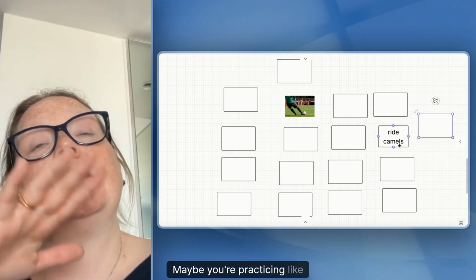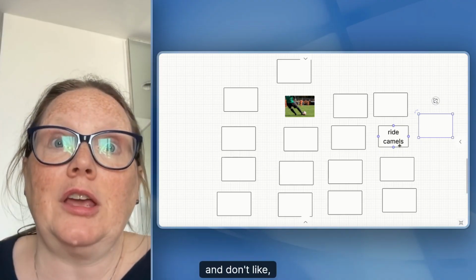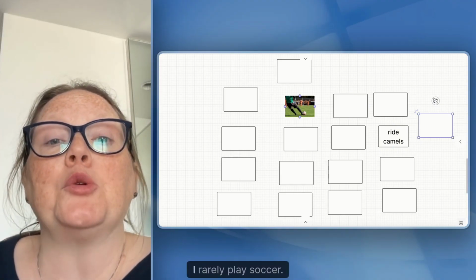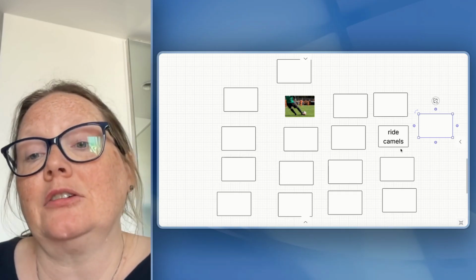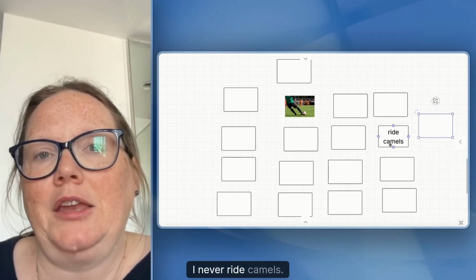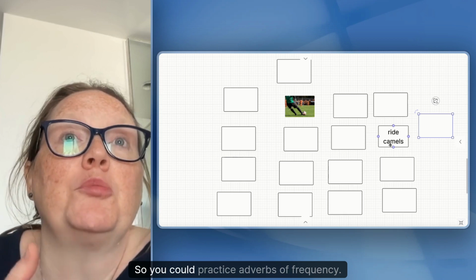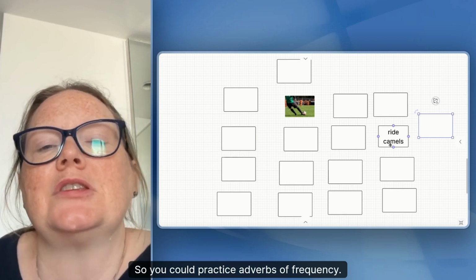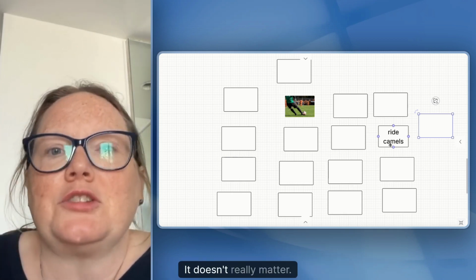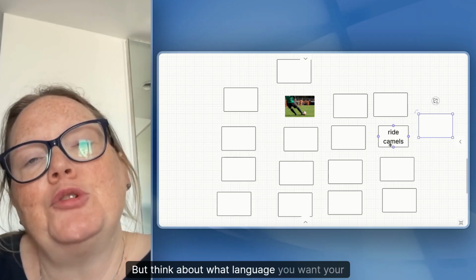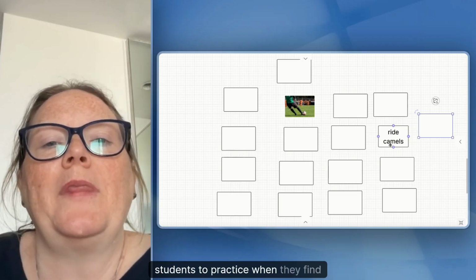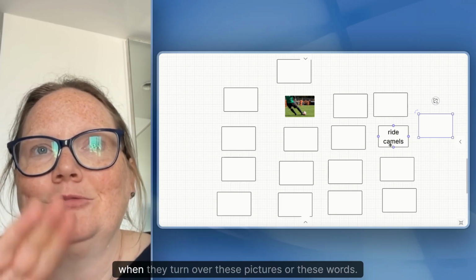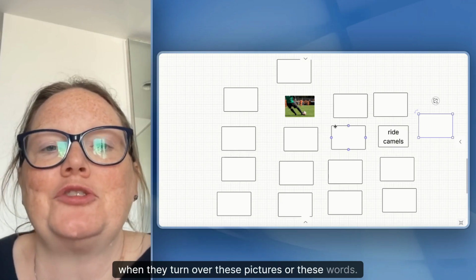Maybe you're practicing like and don't like. Or I rarely play soccer, I never ride camels. So you could practice adverbs of frequency. It doesn't really matter, but think about what language you want your students to practice when they turn over these pictures or these words.